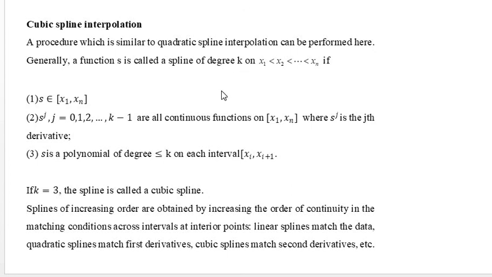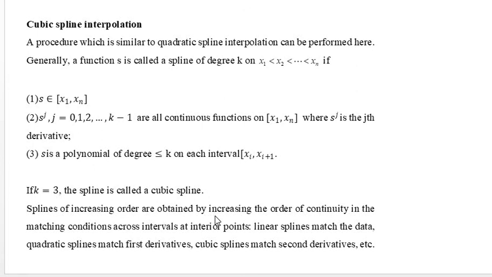In general, a spline of degree k on x1 less than x2 and so on up to xn, if x belongs to the interval x1 to xn, and the derivatives sj for j ranging from 0, 1, etc., to k minus 1 are all continuous functions on x1 to xn, where sj is the jth derivative, and s is a polynomial of degree less than or equal to k on each interval xi to xi plus 1. So when k equals 3, we consider this a cubic spline.